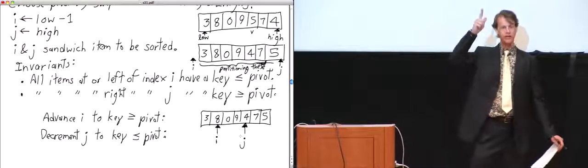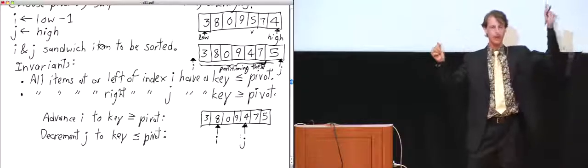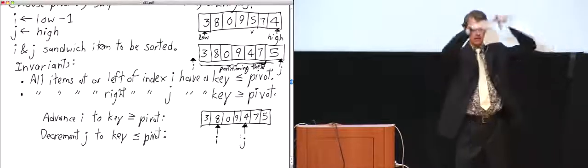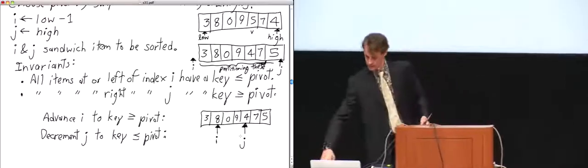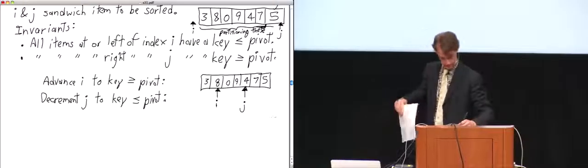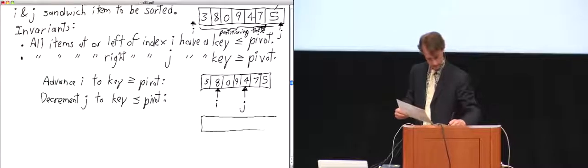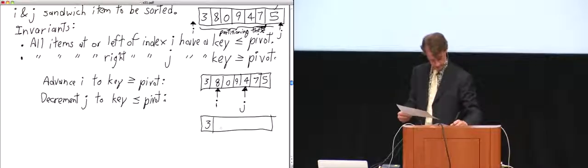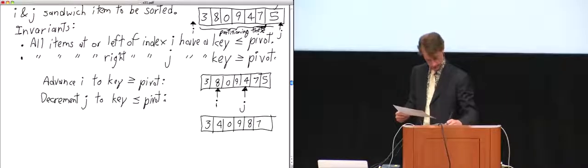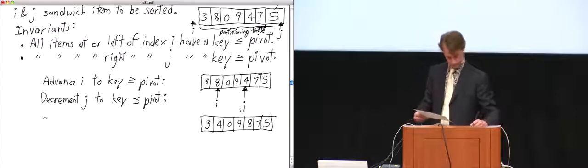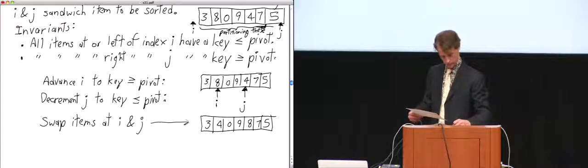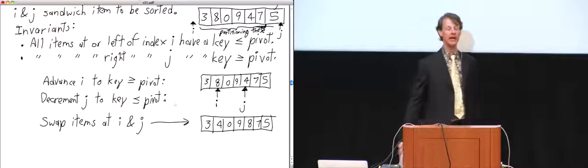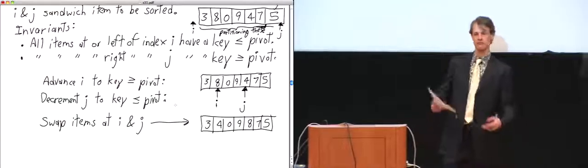So i has now reached a key that's greater than the pivot, and j has now reached a key that's less than the pivot, so I swap them. I swapped the 8 and the 4, and that helps partition them.